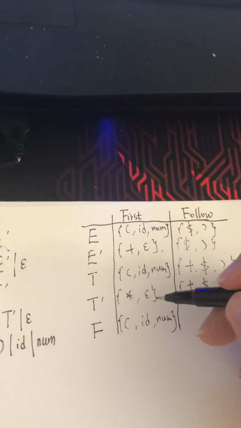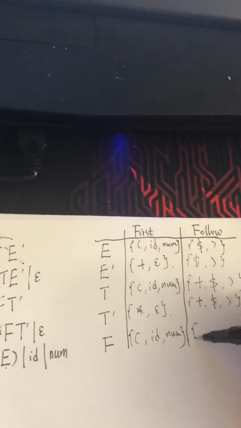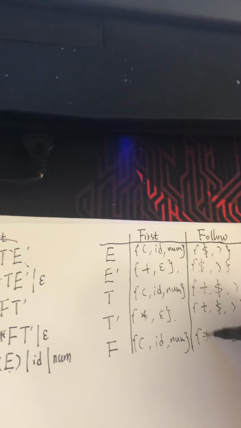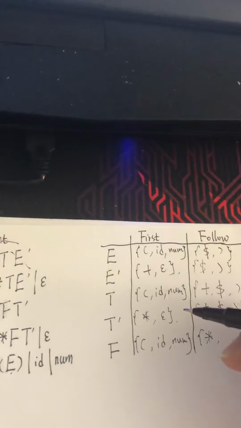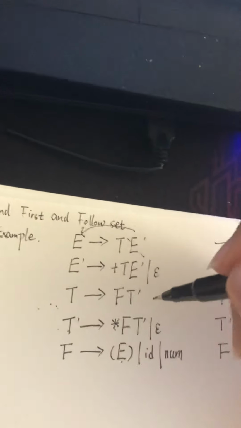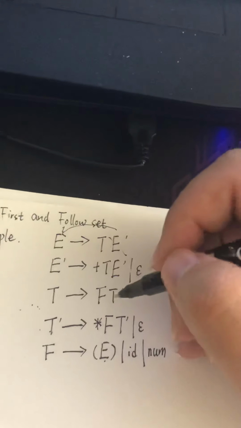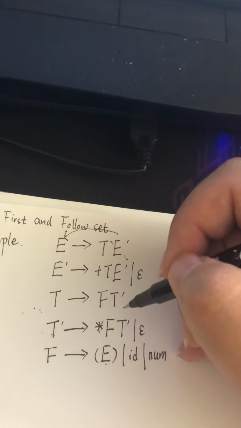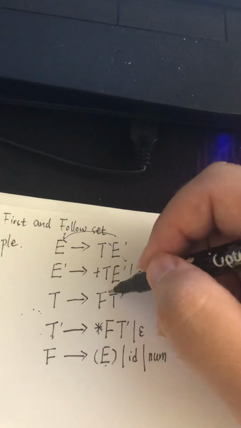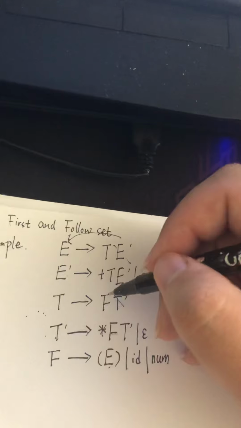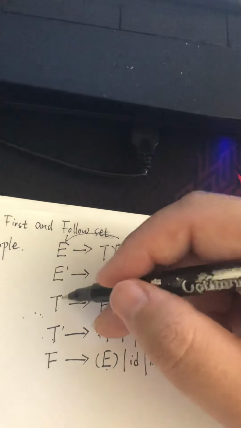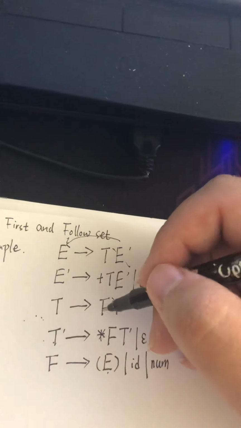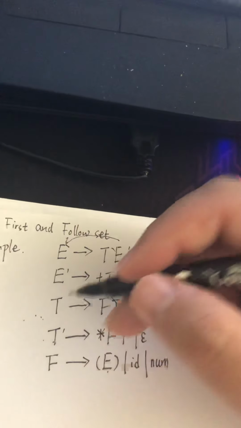It's star sign or epsilon. So for the star sign, we just write it here. For epsilon, T prime is equal to epsilon, so there is nothing behind F. We look at the previous one, which is T. So follow of F equals follow of T. What is follow of T?